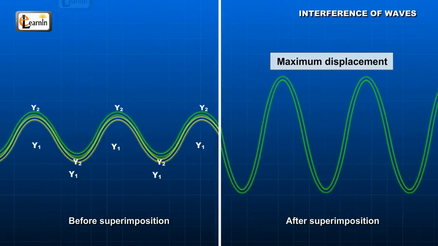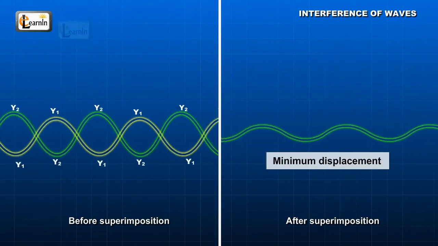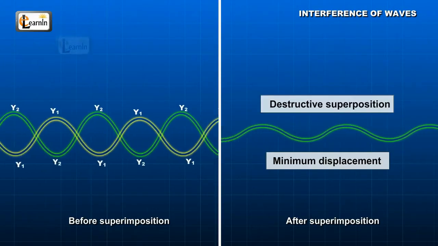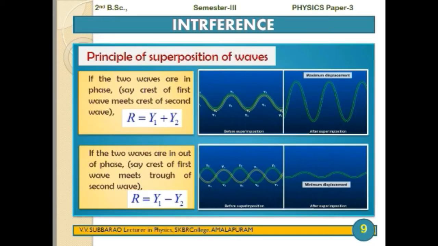The maximum displacement is also called constructive superposition of waves, and the minimum displacement is also called destructive superposition of the waves. From this principle, we can say that when both the waves meet in phase, then the resultant displacement r is given by y1 plus y2, and if the two waves meet in opposite phase, then the resultant displacement r is given by y1 minus y2.